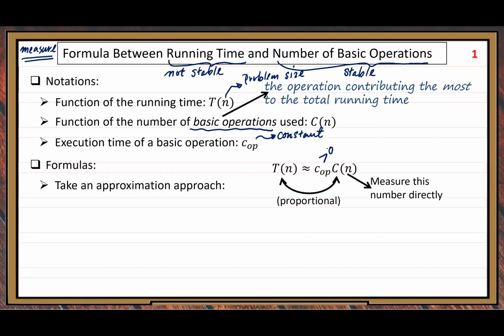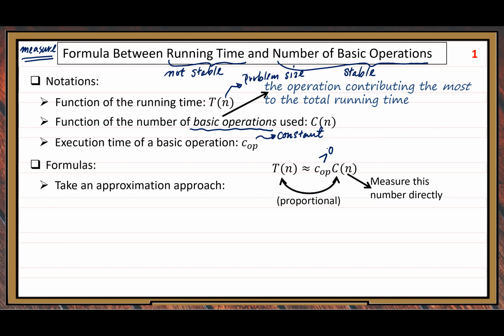We can do the counting even if we do not run our program. We can count the number of basic operations. But for T of n, you cannot do anything without running your programs first.